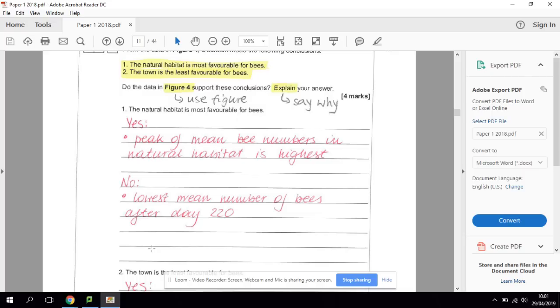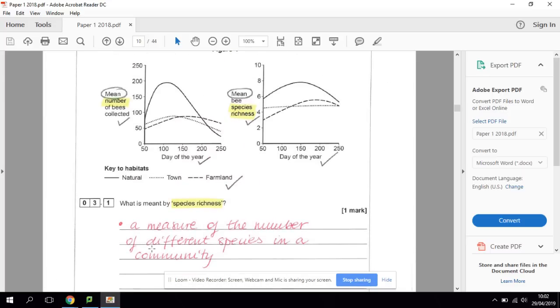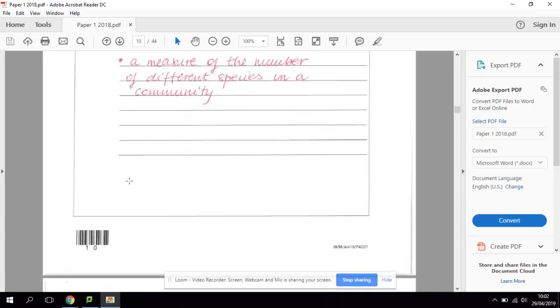So what's yes? The peak of mean bee numbers in the natural habitats is highest. So we can see that from the graph, and the lowest mean number of bees after 220 days. Okay, so again, we can conclude that here that's the highest, and then 220 around here for the natural habitats.